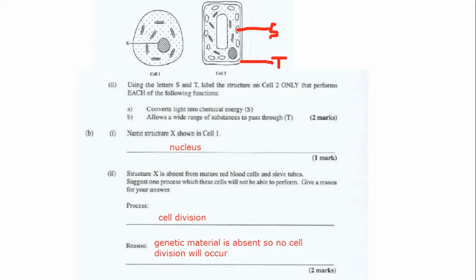What it means is that only some things can pass through the cell membrane based on its structure. So because only some things can pass through it, not a wide range of substances will be able to go through. Oh, so only the cell wall can facilitate a wide range of substances to pass through. Yes, ma'am. Okay, miss.